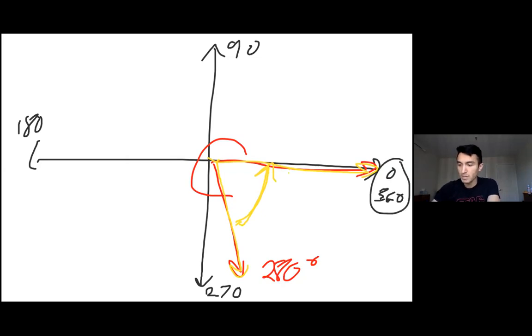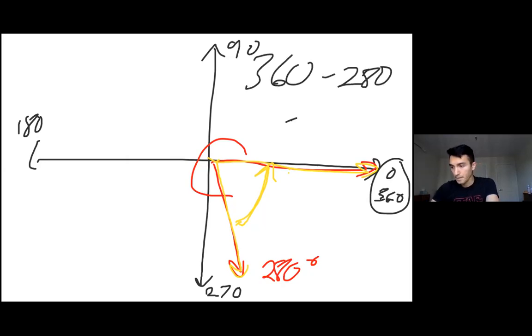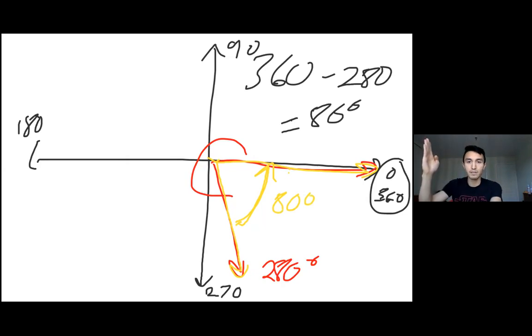You just use that to help you. 360 minus 280 is going to be 80 degrees, right? So this yellow is 80 degrees, because that's how to get back to the x-axis. So depending on where you are, you have to use different numbers to help you figure out what's left, okay?